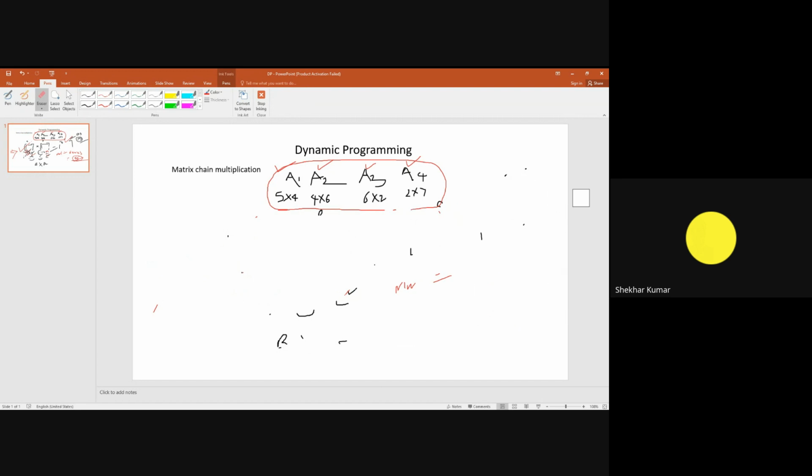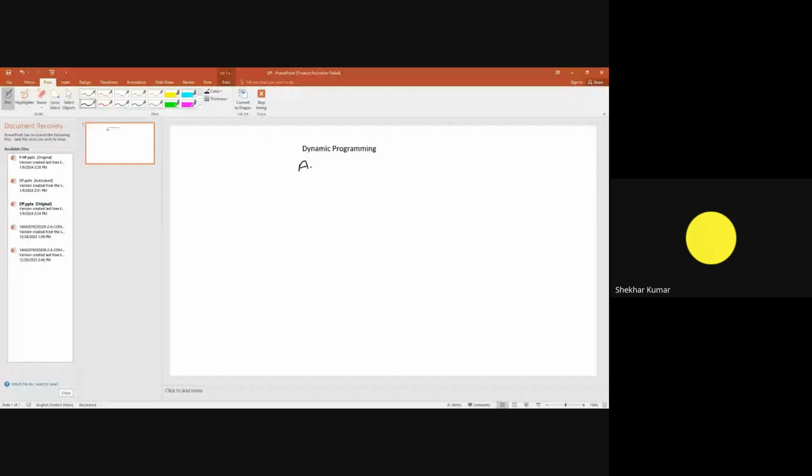For multiplication of the above 4 matrices, in this example, there will be different ways. So this is matrix A1, matrix A2, matrix A3, and matrix A4.